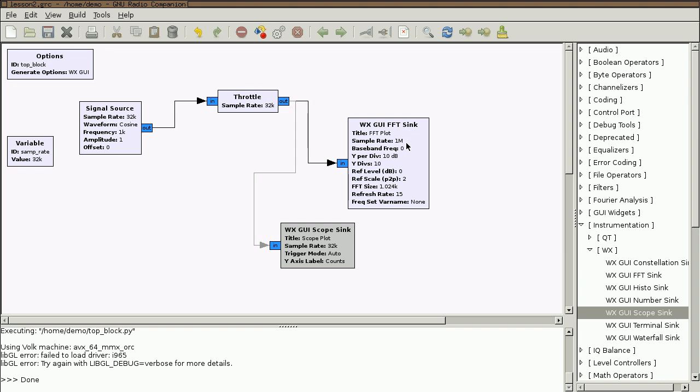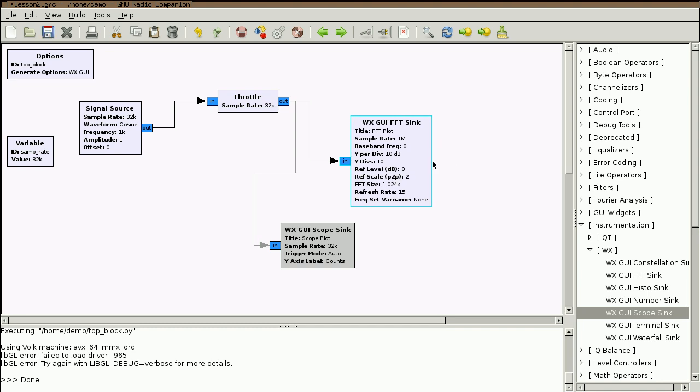So there are actually 2 things that this sample rate variable affects when you change it on the FFT sink. One is the horizontal ruler, and the other is this refresh rate, because the refresh rate is based on counting samples. If this sample rate here doesn't agree with this sample rate over here, then the ruler is going to be all wrong with respect to this frequency.